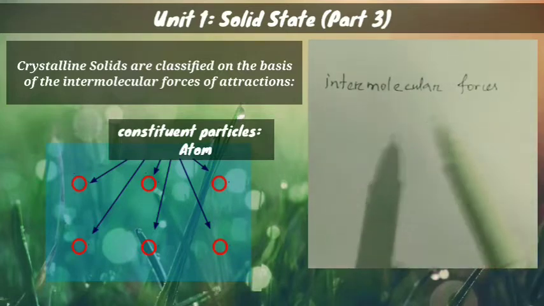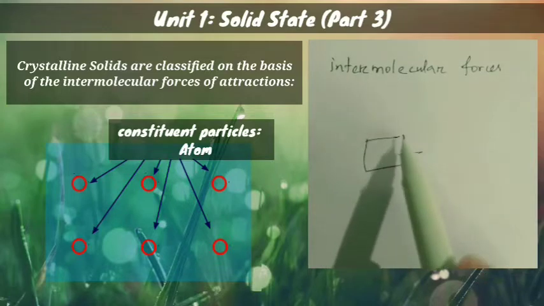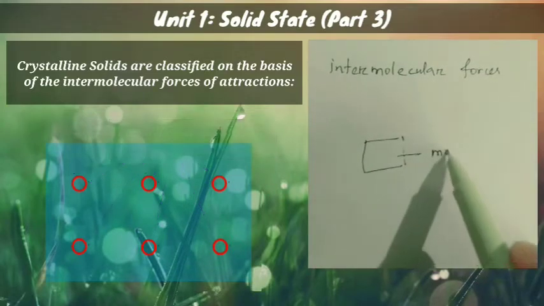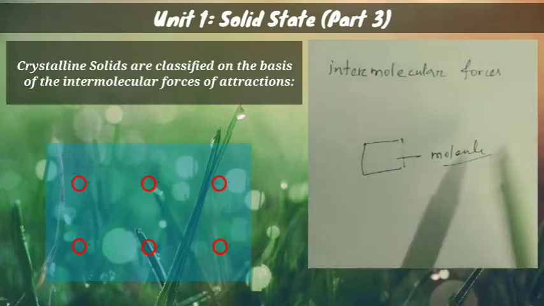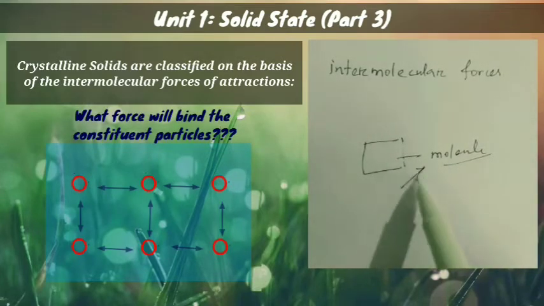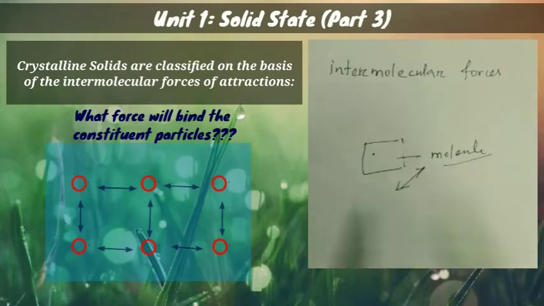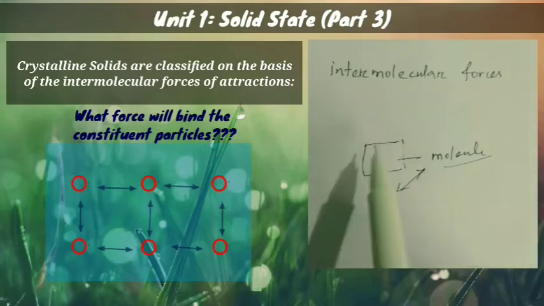Let's suppose the solid is composed of molecules, or maybe ions, or maybe atoms. What is the force between those molecules in that solid, or between those atoms, or between those ions which form that solid?